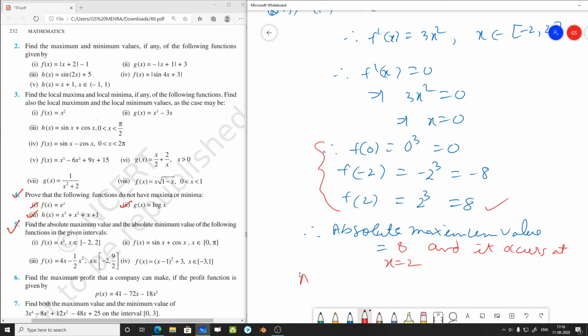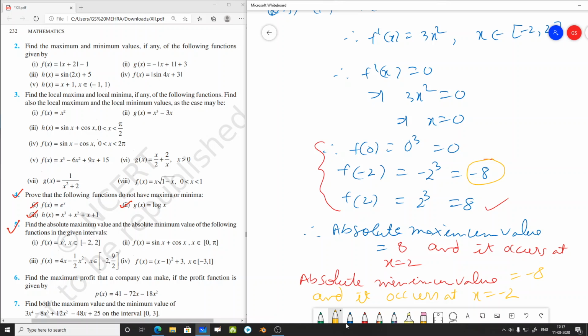So absolute minimum value equal to, out of these three, which is the least one? Of course, minus 8 is the least one. So absolute minimum value equal to minus 8, and it occurs at x equal to minus 2. So this is how we have done question number 5 first part.